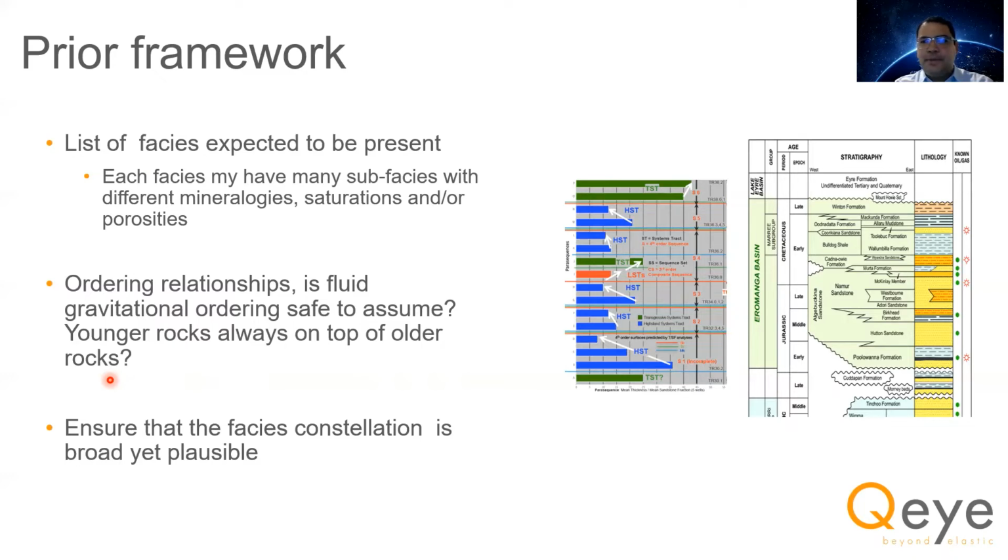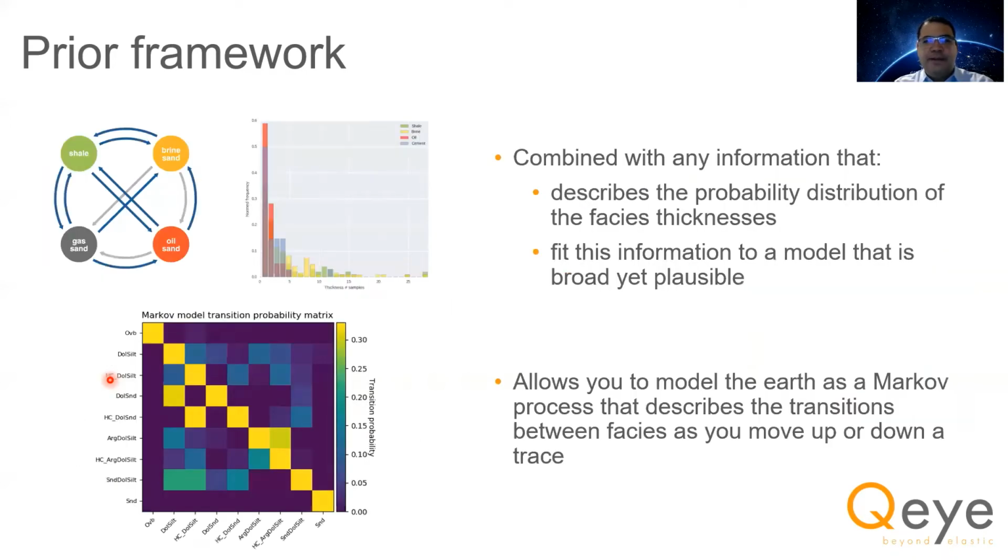Now that information will be combined with information that describes the probability distribution of the facies thicknesses, and that will allow us to model the Earth in terms of a set of transition probabilities, which represent a Markov model of how the subsurface looks.